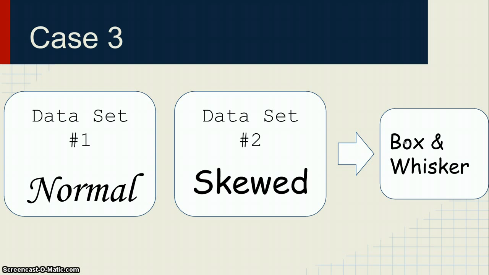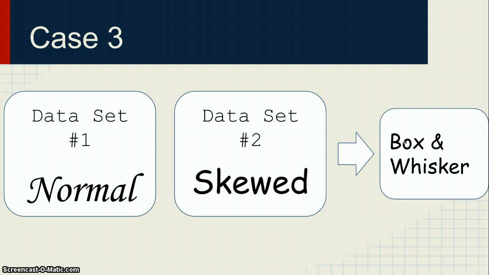So if we have skewed data and we look at our distribution and it looks positively or negatively skewed, we want to go ahead and use the box and whisker plot. And guess what? That's really all we're covering today. The problems you're going to be asked today give you 2 sets of data. It's going to ask you to look at both sets of data, either using a box and whisker plot or a histogram, and you're going to have to determine from looking at those charts if it's skewed or not.